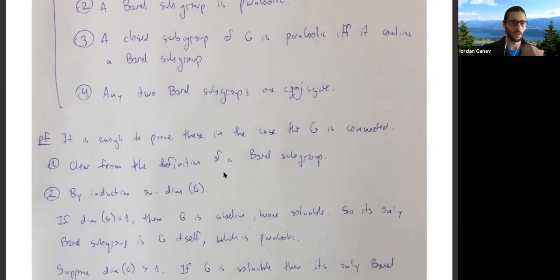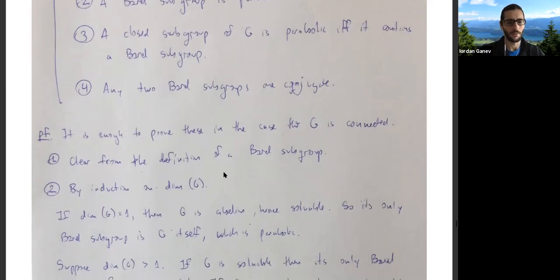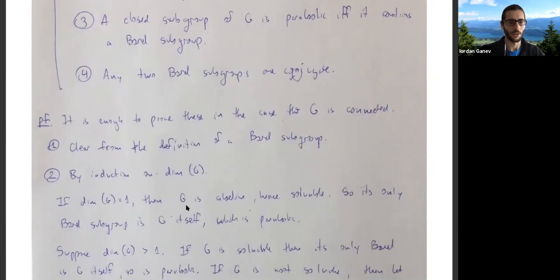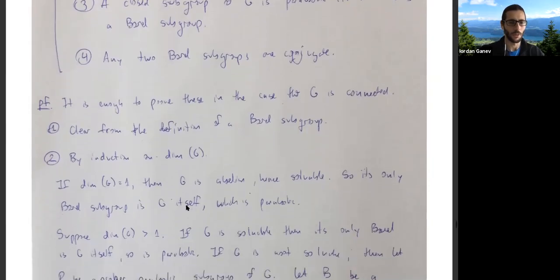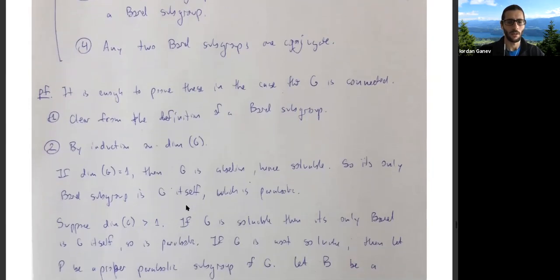That takes care of dimension equal to 1. If the dimension is bigger than 1, then there are 2 cases. First, if G is solvable, then again the maximal connected solvable subgroup will be G itself. So it has only one Borel subgroup, and that's itself, so it's parabolic. The second case is what happens if G is not solvable.